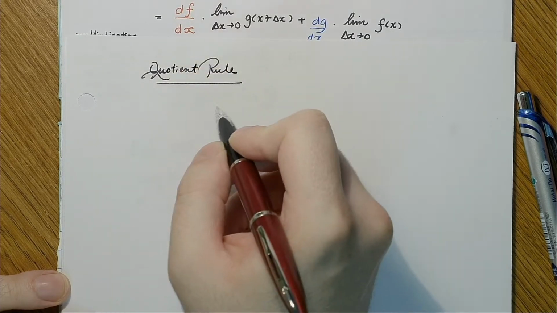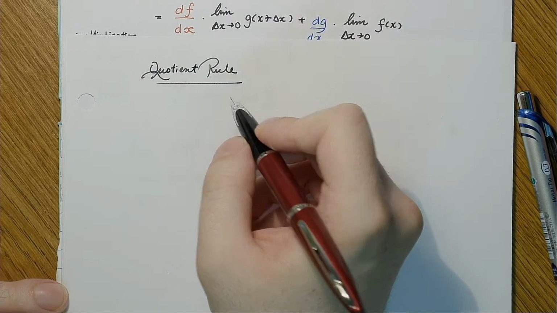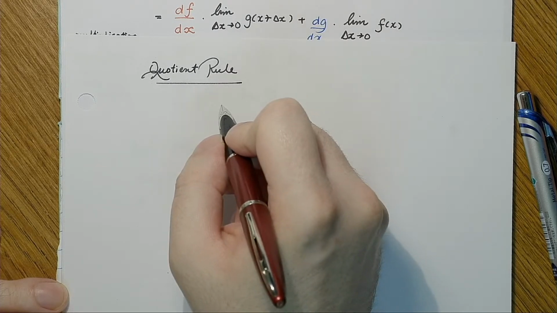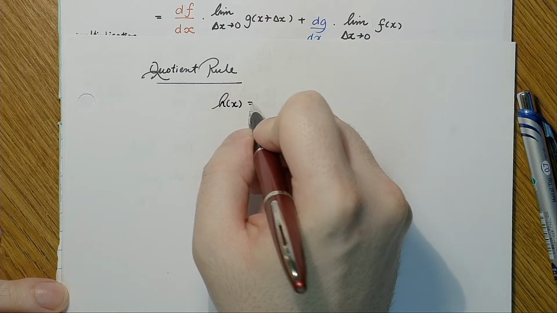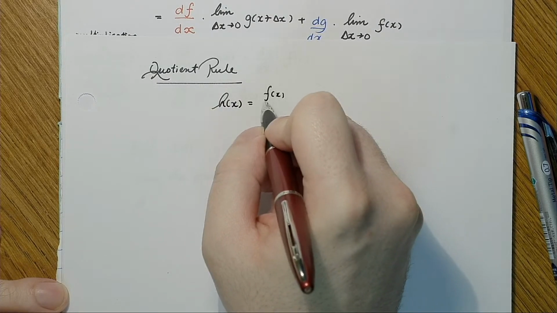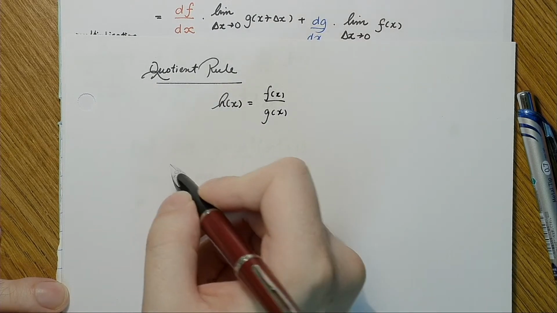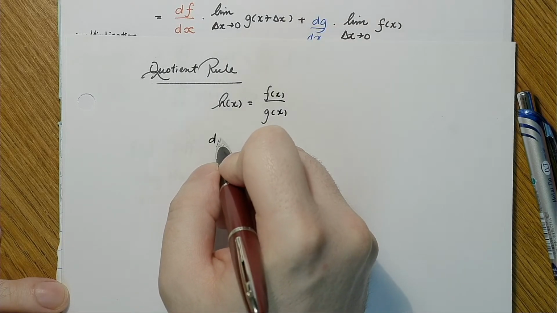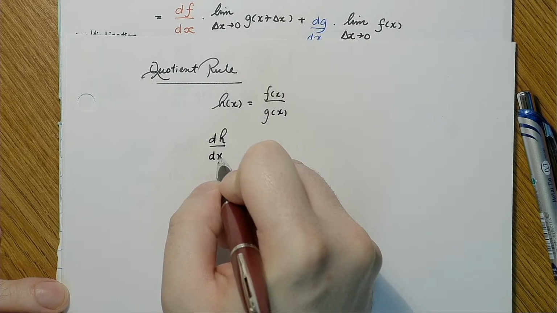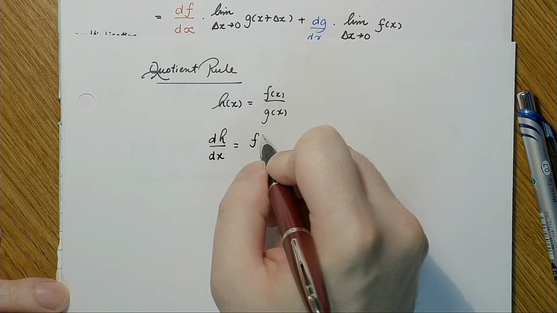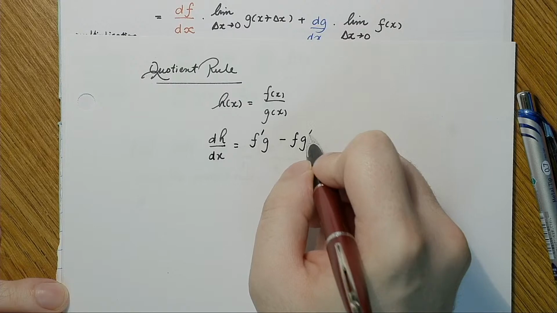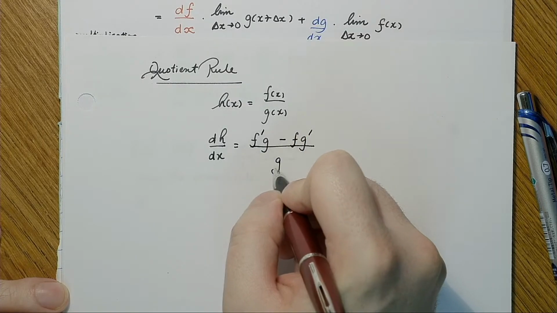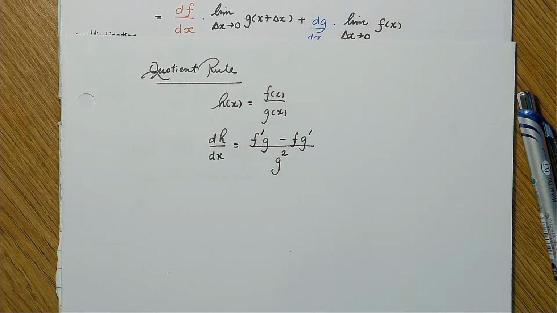The quotient rule is, if I have a function, we're going to call it h, equal to f over g, then if I take the derivative of that, it's f prime g minus f g prime, all divided by g squared.